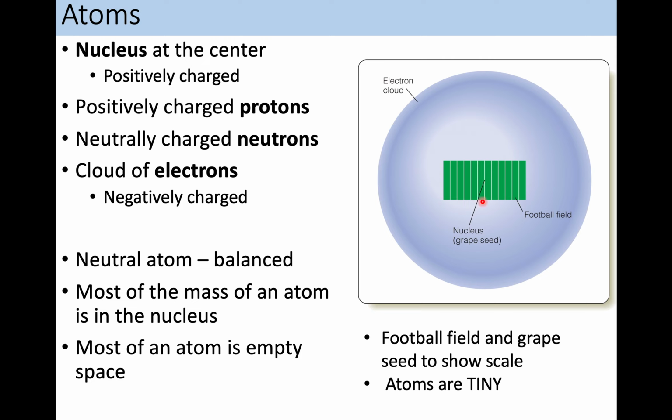That grape seed is almost all of the mass of the whole atom, and it is teeny tiny in comparison to how large that atom is. Atoms are also teeny tiny, so we have to think about scale. Think of the atom being the football field and all the parking lots surrounding it, and the nucleus, where all of the mass is held, is a grape seed in the middle of the football field.